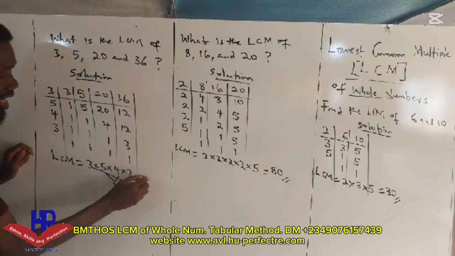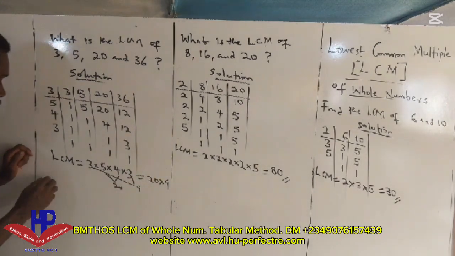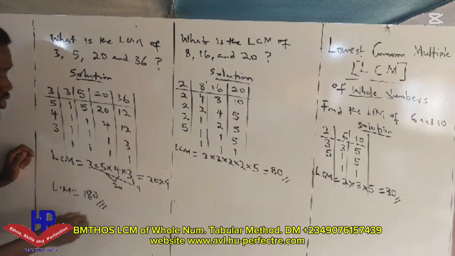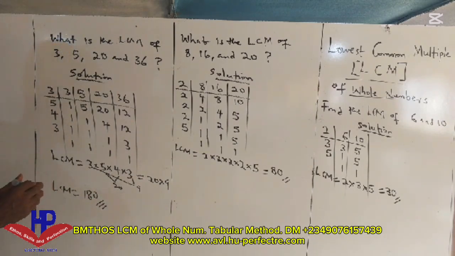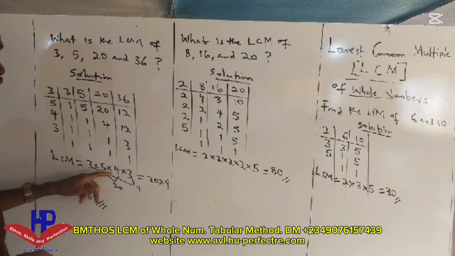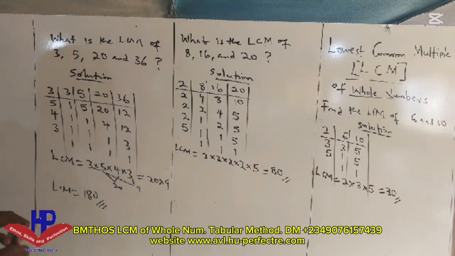So our answer will be 20 times 9, that will be 180. So our LCM, lowest common multiple, is 180.